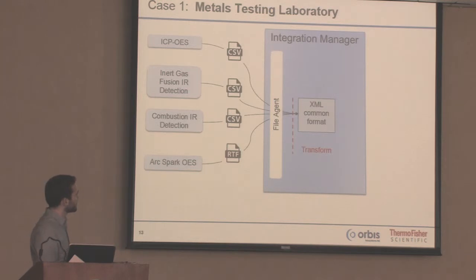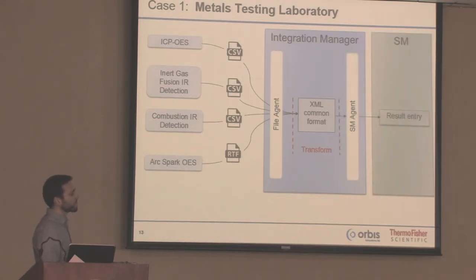So in the Integration Manager, a file agent is used to pick up each of these different file types from different locations. Each of these file types will have their own import integration point objects. And this is transformed into a common XML format. So from this point on, we have all file types in one file format once the transform is complete.